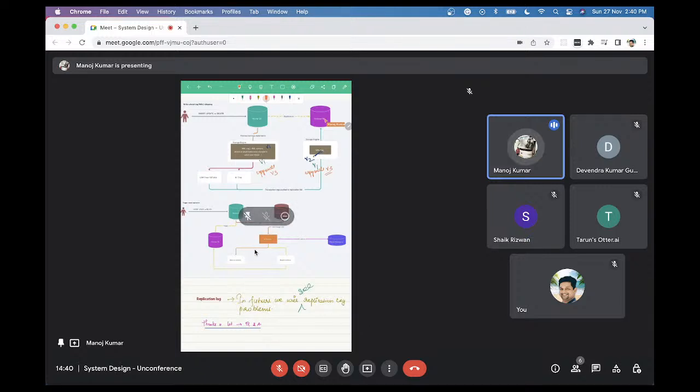So this is all about the replication log, how it is done, and what problems we would face when doing replication. What are the architectures we spoke about, like single leader, multi-leader, or leaderless architecture?